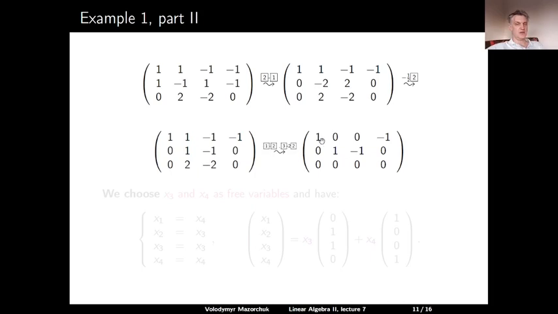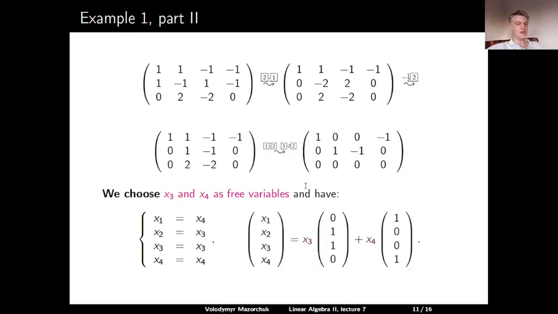So here we have our leading elements in position 1, 1 and in position 2, 2. So we can choose x3 and x4 as free variables. From the first row, we have that x1 is equal to x4. From the second row, we have that x2 is equal to x3. For the free variables, we add the trivial equations x3 is equal to x3 and x4 is equal to x4. And now we can write the system in the vector form.